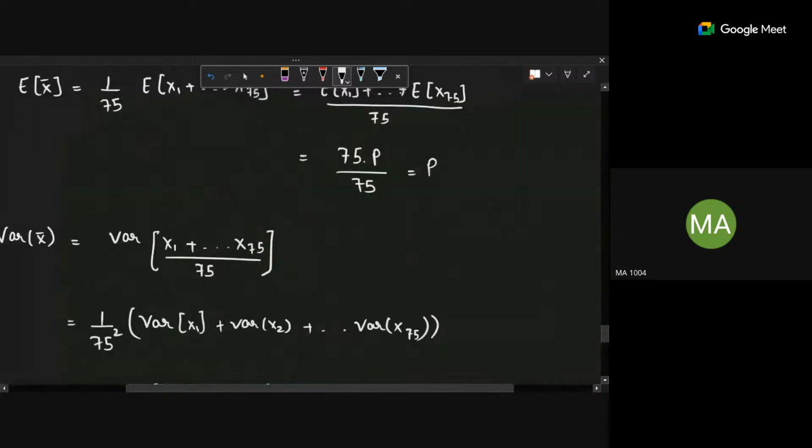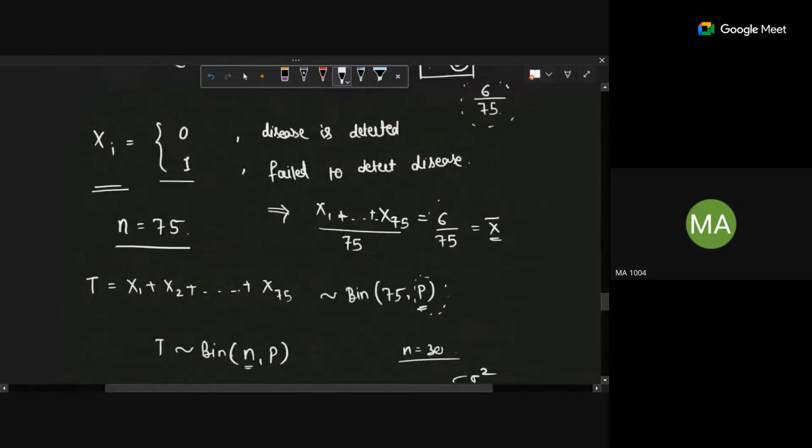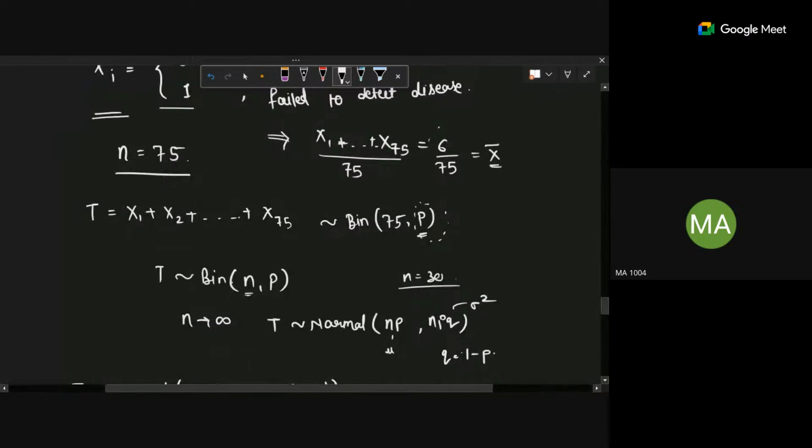Then we look at the distribution: let xi be the Bernoulli random variable, which takes value 1 when it fails to detect, otherwise 0. It's a Bernoulli, but I am interested in x bar, the sample mean, because we know hypothesis tests for sample mean till now only.